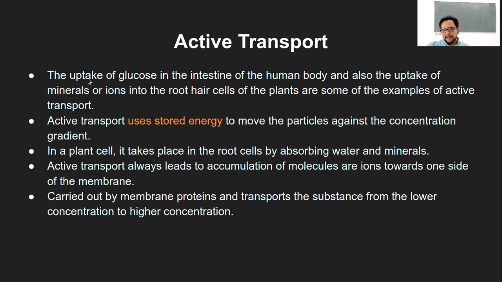Now, the example is the uptake of glucose in the intestine of the human body, and also the uptake of minerals and ions from the root hair cell of the plant. These are examples of active transport.